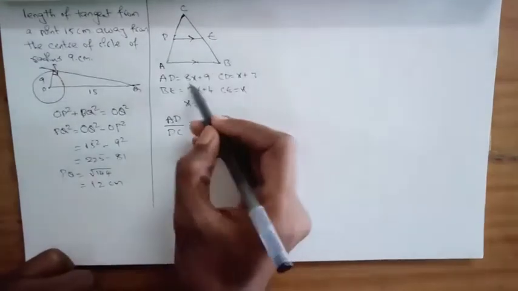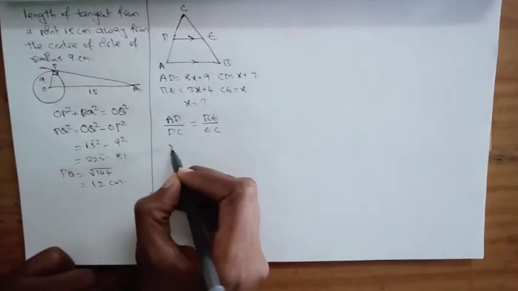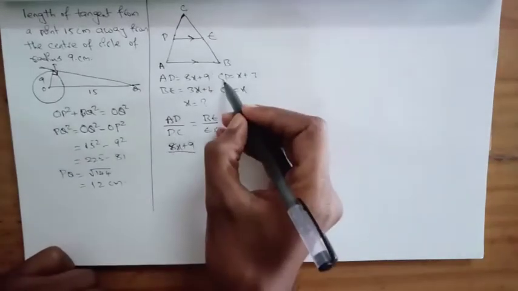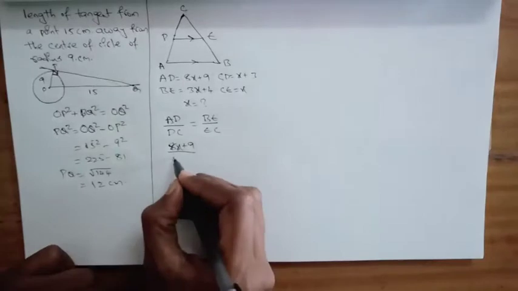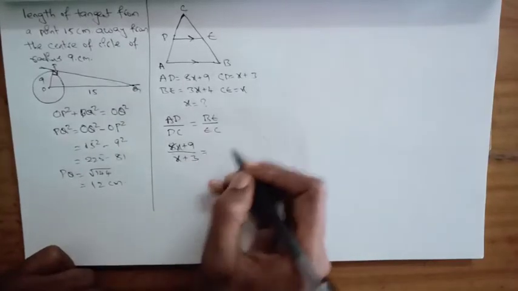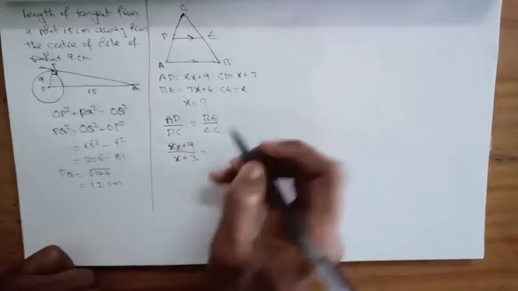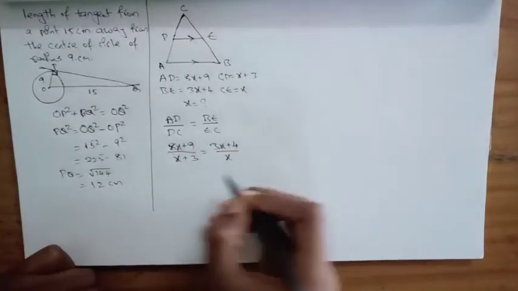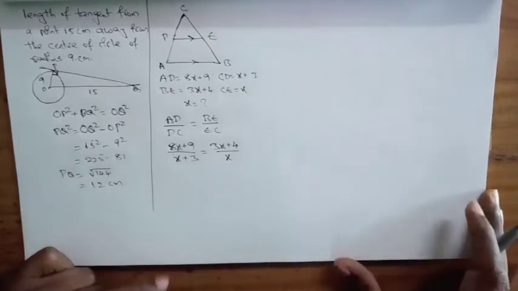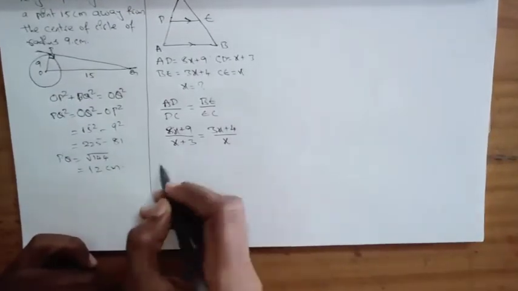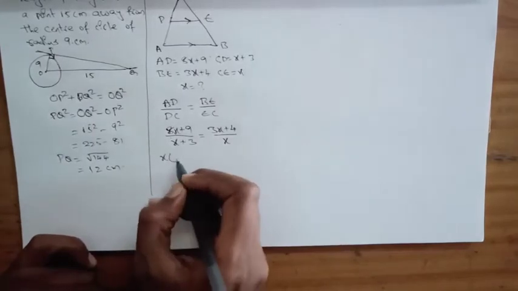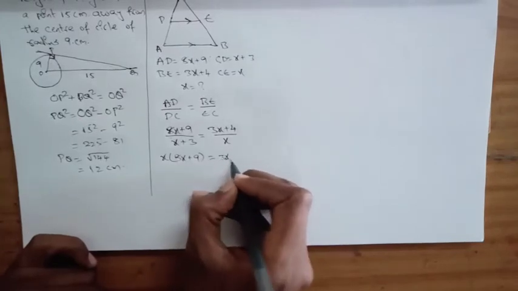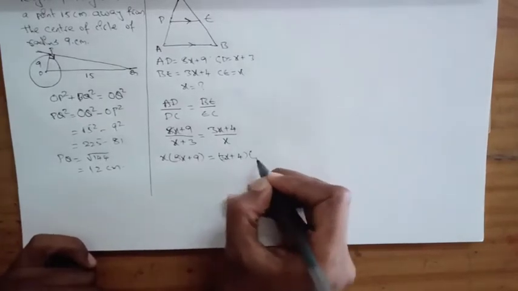The value of AD is 8x plus 9, 8x plus 9 by DC. The value of DC is x plus 3, which equals BE, 3x plus 4, by CE, x. So if we simplify this equation by cross multiplying, x into 8x plus 9 equals 3x plus 4 into x plus 3.